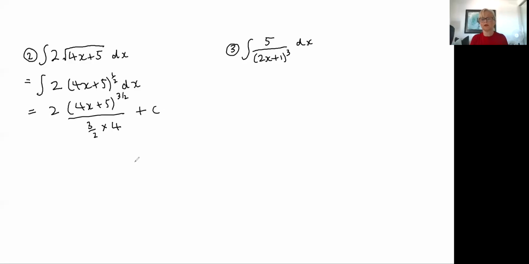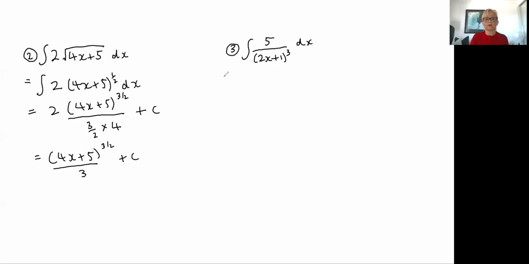Now that looks like a bit of a mess, but it actually comes out quite nicely. This 2 comes up here, the 2 will cancel with the 4, and you're actually left with (4x plus 5) to the 3 on 2 over 3 plus your c. If I just had x to the 3 on 2, I'd tend to change that to x root x, but because we've got a whole expression here, I'll probably just leave it with the 3 on 2.